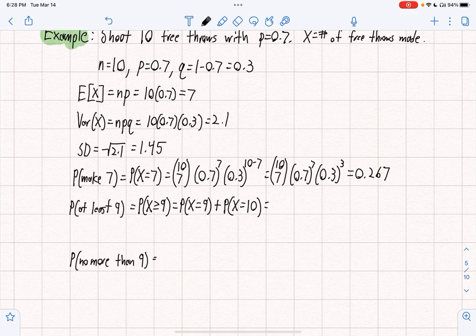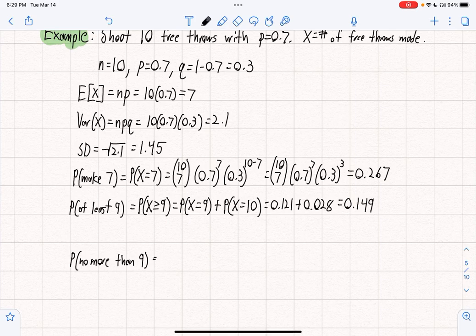And if we use our calculators using our formula, this becomes 0.121 plus 0.028, which is 0.149.